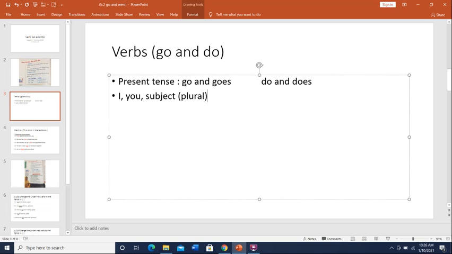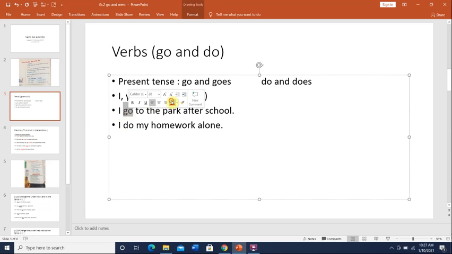For example, I go to the park after school. What else? I do my homework alone. These two sentences are in the present tense, and I use go and do because the sentence begins with I. What about if the sentence is plural?